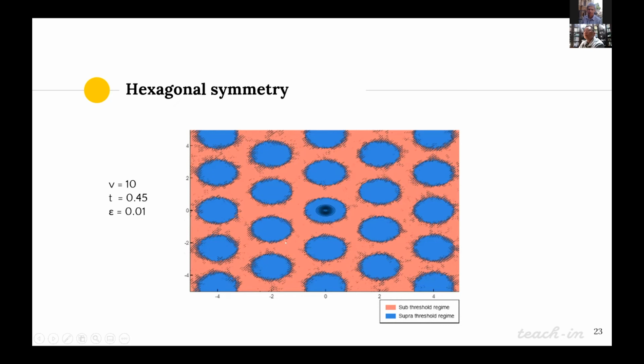And then, as you see, we have other blue circles which represent smaller peaks, and these smaller peaks form hexagons. This is why we call this hexagonal symmetry. They form hexagons around the central peak. So here, with the level of noise 0.01, we have a picture which is not very different from the deterministic case. In the next slide, I will show you what happens if we increase the level of noise.